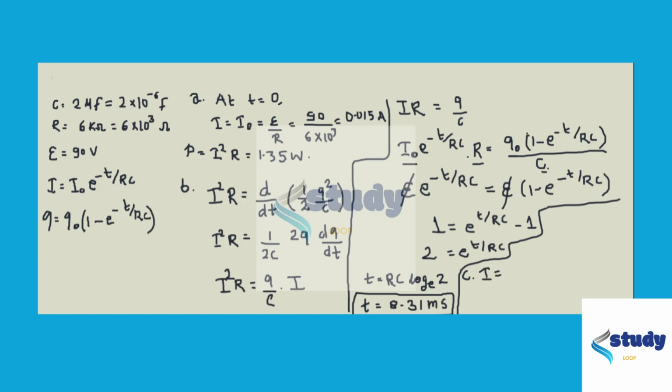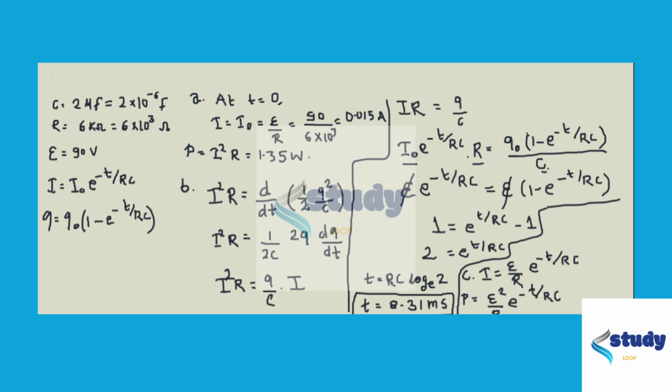I is equal to E upon R e to the power minus t by RC. So power P equals I squared R. So E squared by R times e to the power minus 2t upon RC.